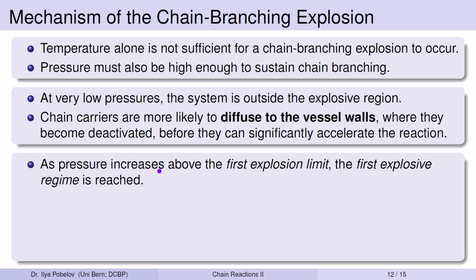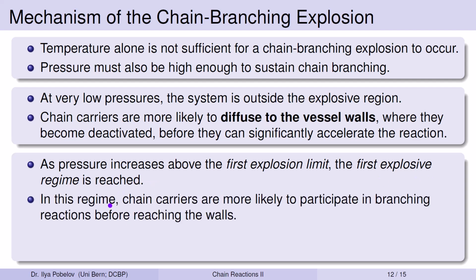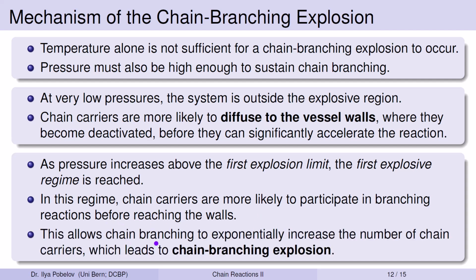As pressure increases above the first explosion limit, the first explosive regime is reached. In this regime, chain carriers are more likely to participate in branching reactions before reaching the walls. This allows chain branching to exponentially increase the number of chain carriers, which leads to chain branching explosion.